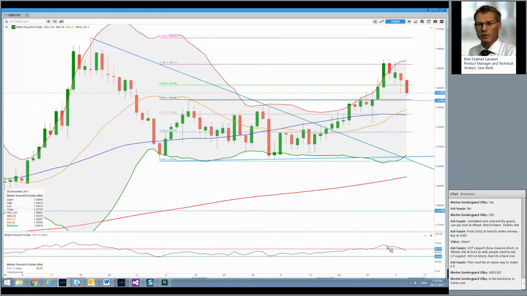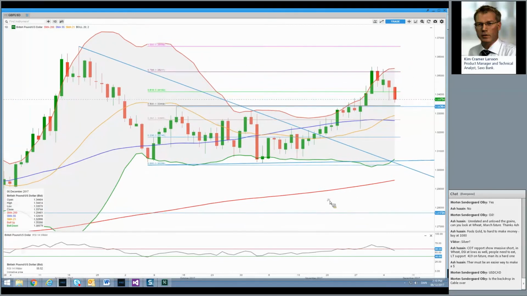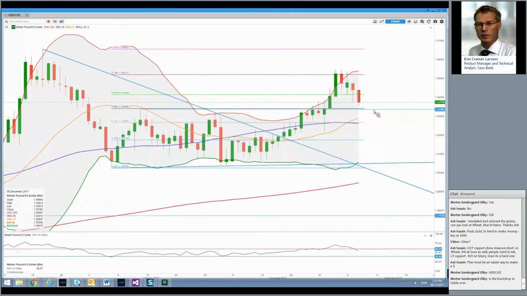There is no divergence on the RSI. We could see higher highs in the short-term future, but let's see what happens here. I think we will test this support just above 133, definitely. Maybe a little peak lower before picking up again.